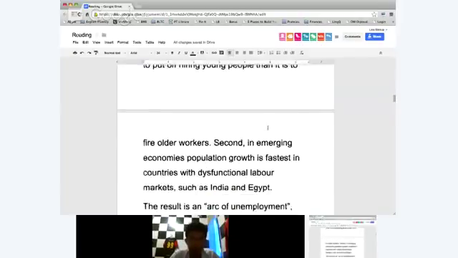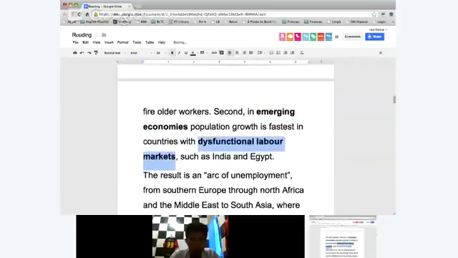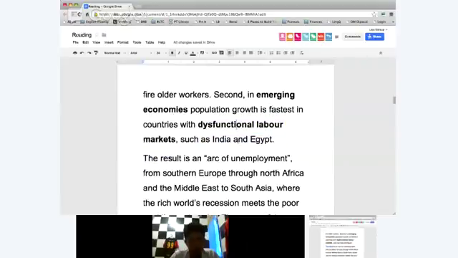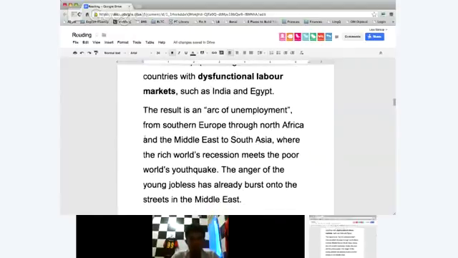Another thing is that in a lot of these emerging economies, like India and Egypt, they have problems with their labor market. I don't know exactly what they mean by dysfunctional, but maybe there's a problem with getting enough people who are qualified for certain types of jobs.